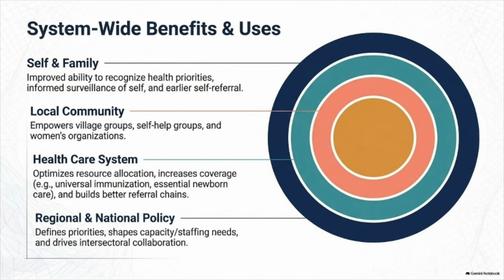The risk approach delivers system wide benefits across 4 levels. At the self and family level, it improves the ability to recognize health priorities, enables informed surveillance of self, and allows earlier self referral. At the local community level, it empowers village groups, self help groups, and women's organizations. At the healthcare system level, it optimizes resource allocation, increases coverage such as universal immunization and essential newborn care, and builds better referral chains.